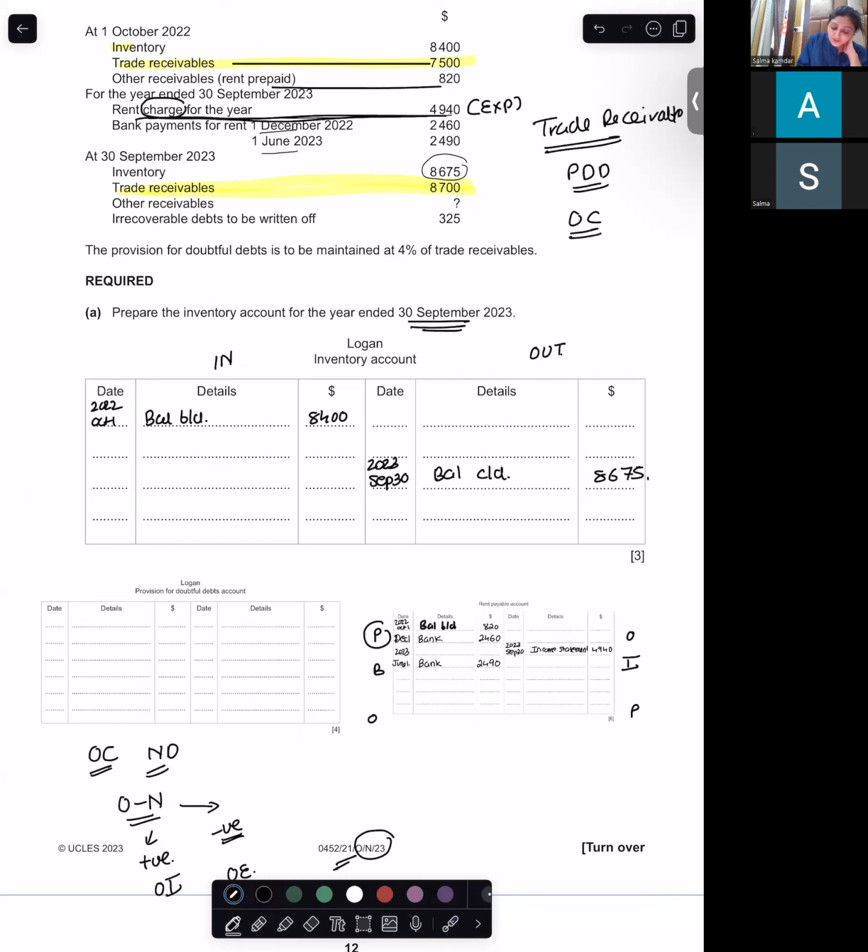Old provisions on the credit side, new provisions on the debit side. Old provisions will be created on the opening trade receivables. New provisions would be created on the closing trade receivables.